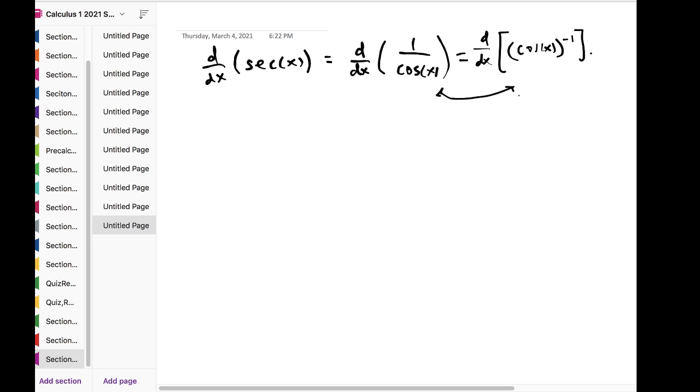So we have f and g. One of them is 1 over x and one of them is cosine. Which is which? What is the function you're plugging in and what are you plugging it into? Yes, you're plugging it into 1 over x, and what are you plugging in? You're plugging in cosine.